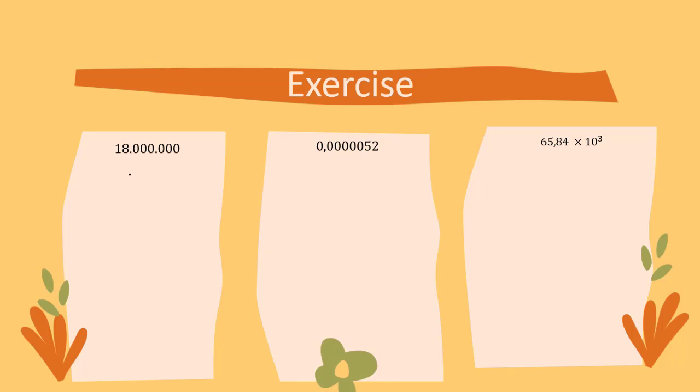If I have 18 million, so to find 18 million, I have to multiply 18 times 1 million. And I can change 1 million into an exponent.